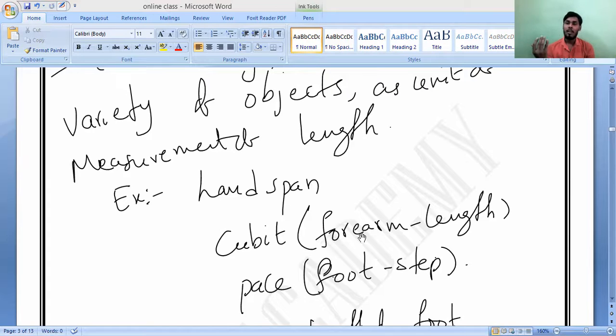If in India I measure 1 meter length of cloth, in America also the length of that cloth is 1 meter only. In any other country also it is 1 meter only. If you go to space, there also the length of that cloth is 1 meter only. It must have a fixed value which does not change from place to place and person to person. That is what we should call a standard unit of measurement.